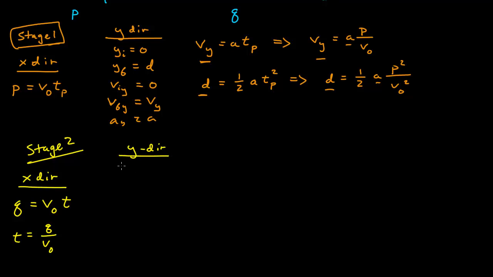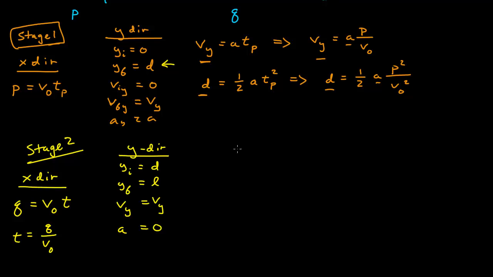Our initial y is equal to d, right? Because it exited the first stage at d, so the initial y position in the second stage is d. The final y position is L. And now the y velocity is v sub y. So we do just have uniform motion now. The acceleration is equal to 0.